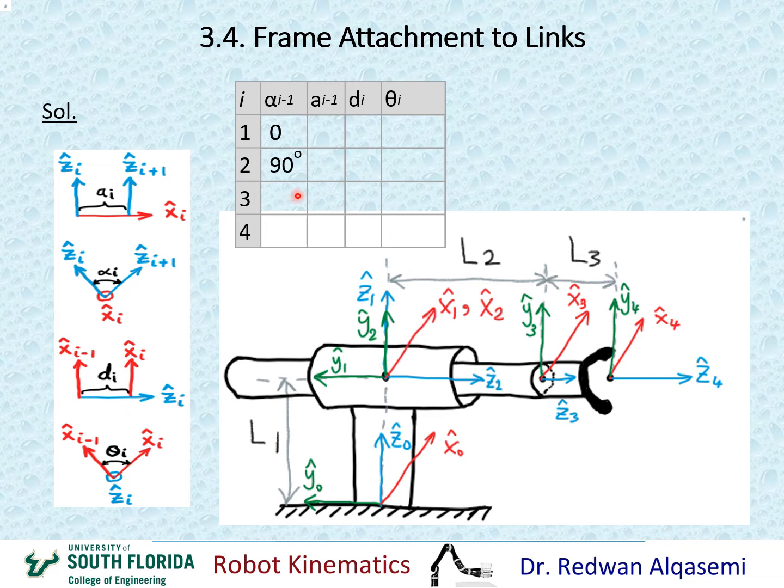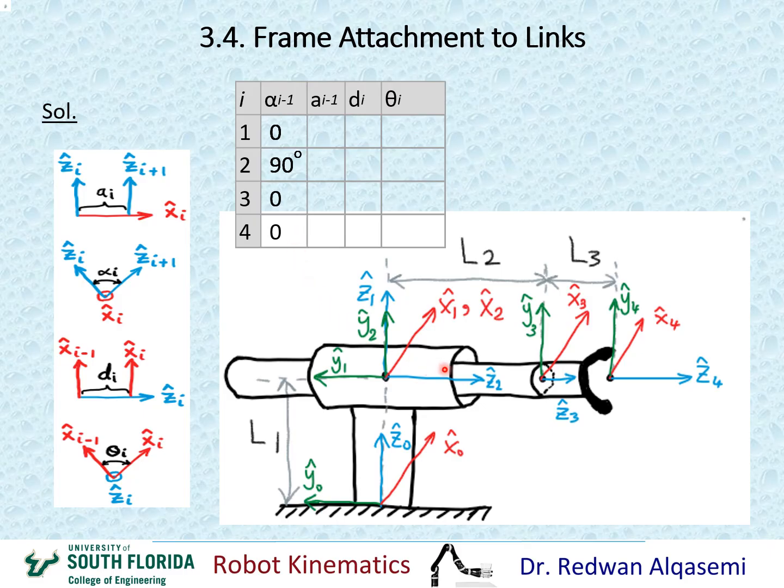So that means my alpha 2 is 0. I'm going to put 0 here. Now when i equals 4, I'll be looking at alpha i minus 1, and that's alpha 3. So for alpha 3, I'll be looking at z3 and z4 about x3. This is z3 and this is z4. The angle between them about x3, which is right here. Obviously z3 and z4 are the same line, so the angle between them about x3 would be 0. So I'm going to put a 0 right here.